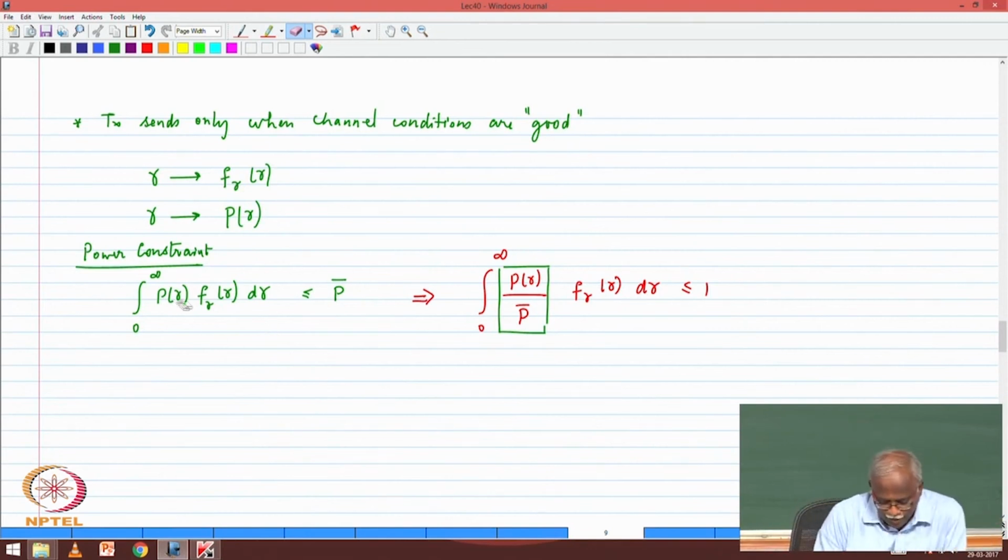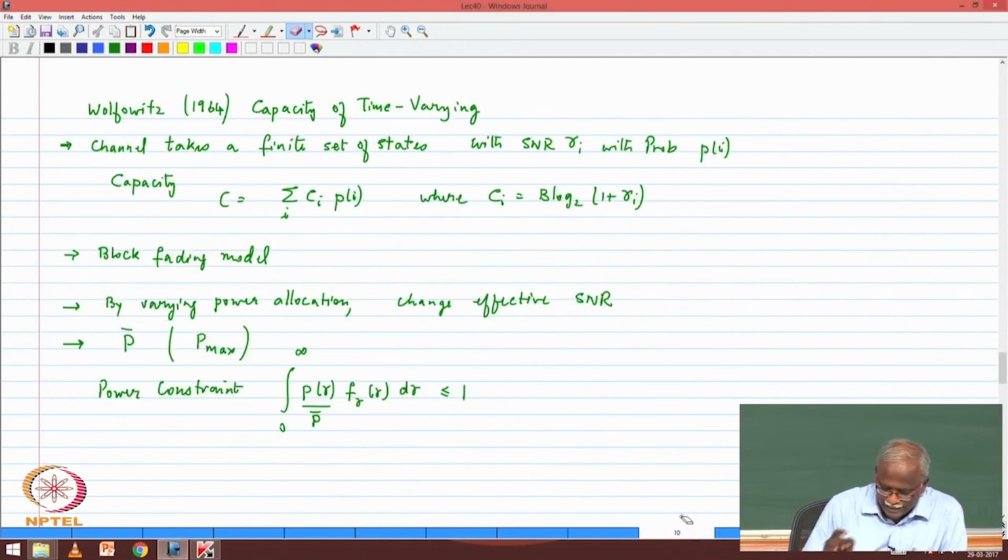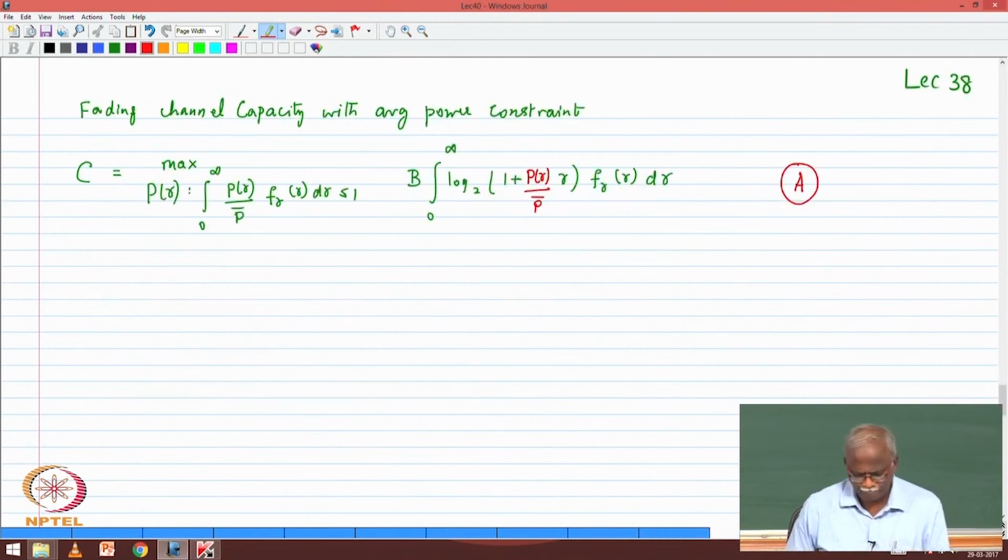So the power allocated for different SNRs times f gamma of gamma d gamma must be bounded by P bar, or if I divide by P bar, I get a normalized constraint. So with this, we wrote down the capacity requirement. We are looking to compute the capacity of a time varying channel, where information is available at the transmitter, and I want to do optimum power allocation subject to an average power constraint that is given by this expression.